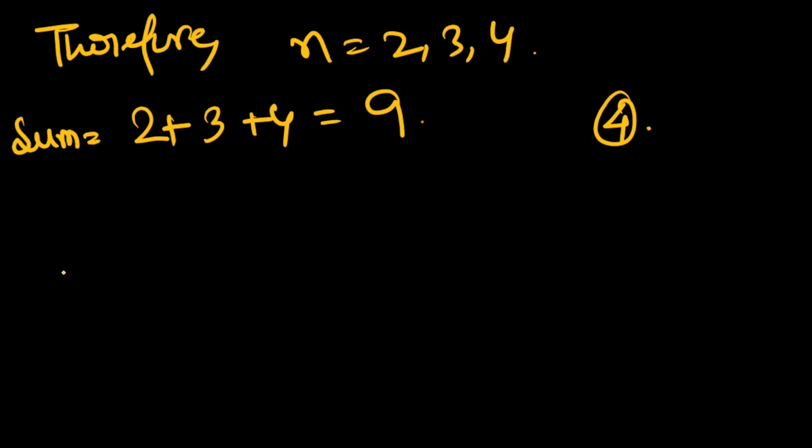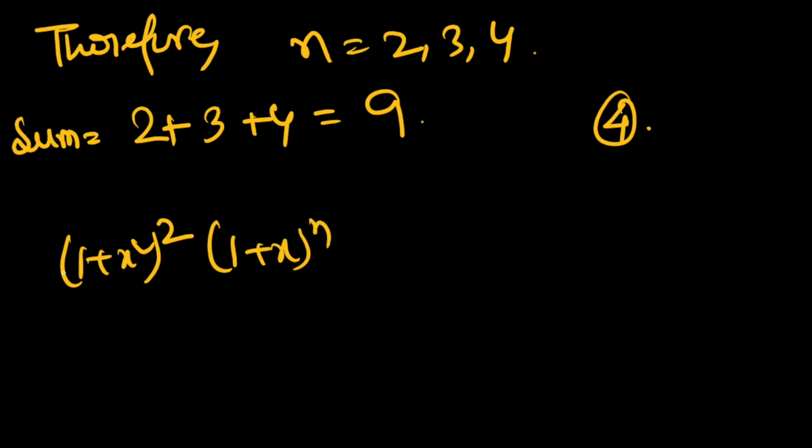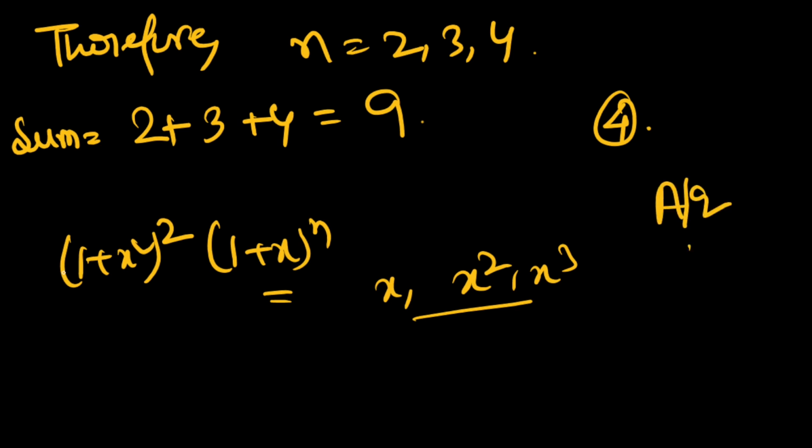Therefore, in the overall problem, we just break the expansion of 1 plus x whole square times 1 plus x power n in the binomial expansion and find the coefficients of x, x square and x cube. Then we get the coefficients of these terms in terms of n, and one condition is given in the question: these coefficients are in AP.